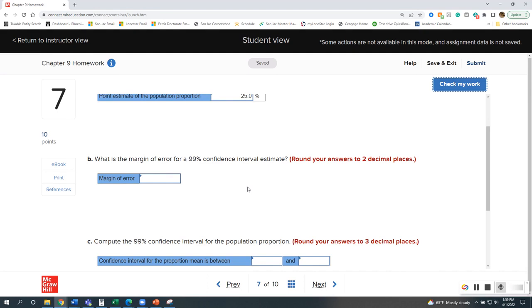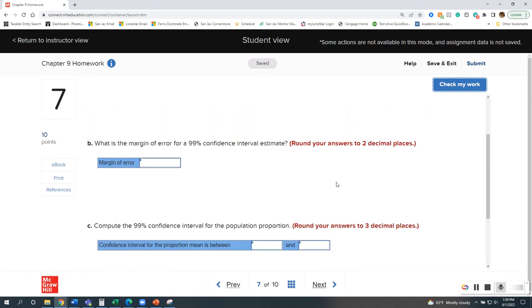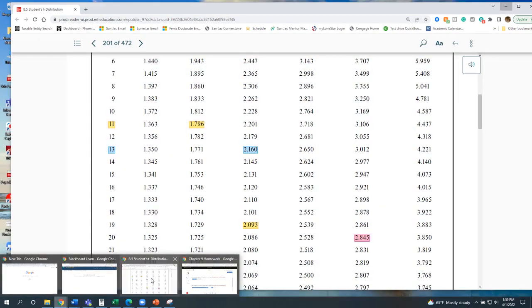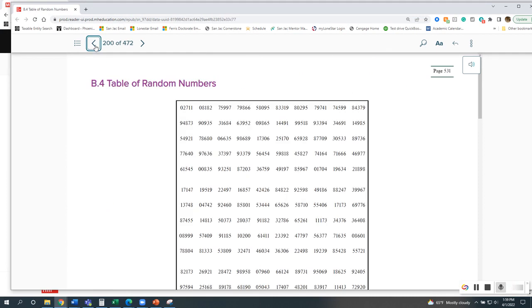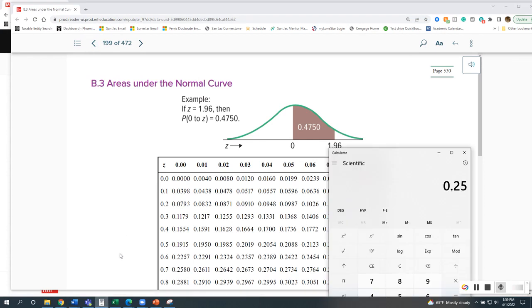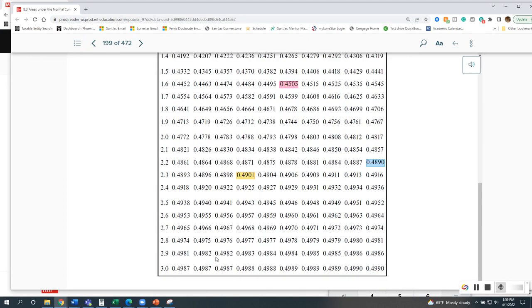Okay. So this one, since it's 99%, we need to find the z-value. So back here, again, I would say write down all the ones with the z-value and the common ones, because you don't want to keep going like I'm doing and have to go back through and find it. 0.495.